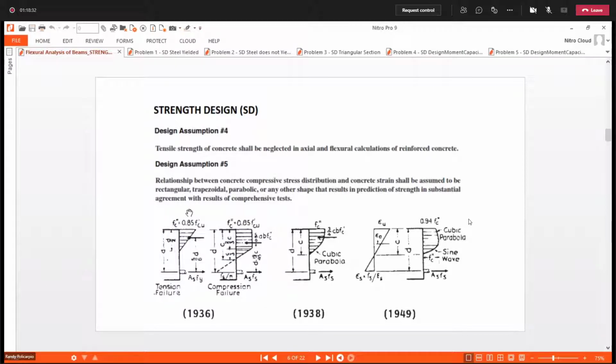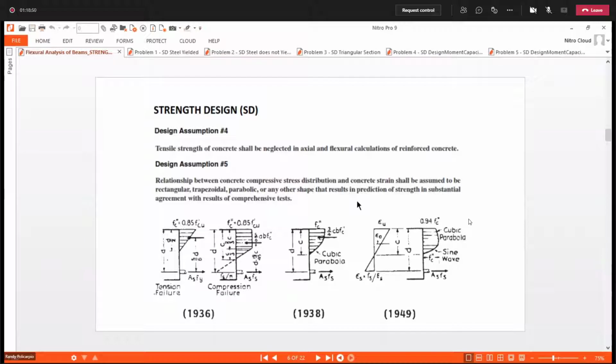So but the code allowed us, kung ano man yung gusto mong maging shape ng compressive stress sa concrete. Kaya lang, you see to it that it is what?